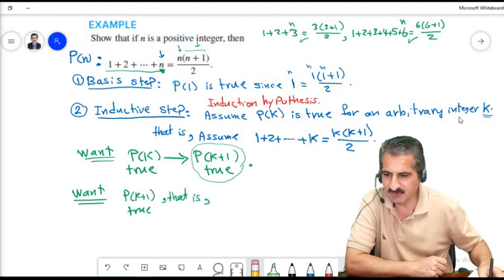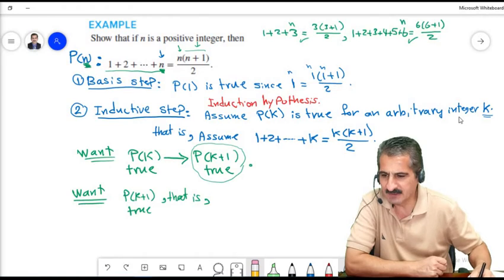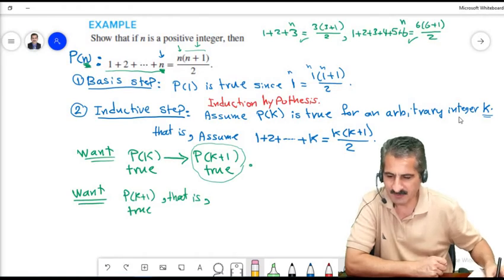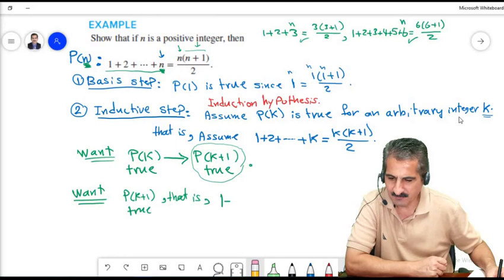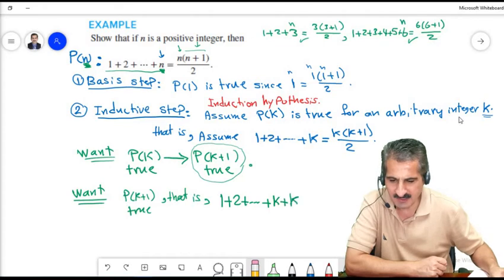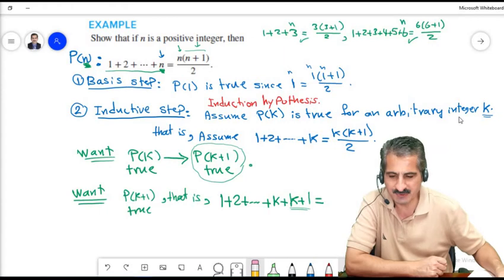now substitute in n here k plus 1, so we will have 1 plus 2 plus keep going all the way k plus 1. So we keep going all the way till we reach here, and this goes for n.